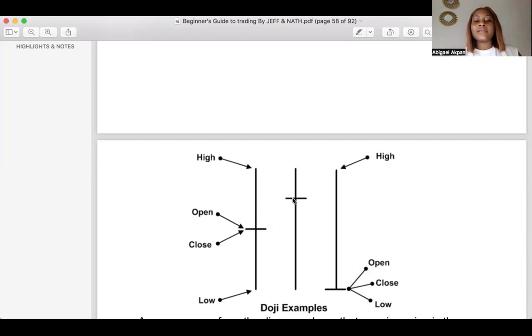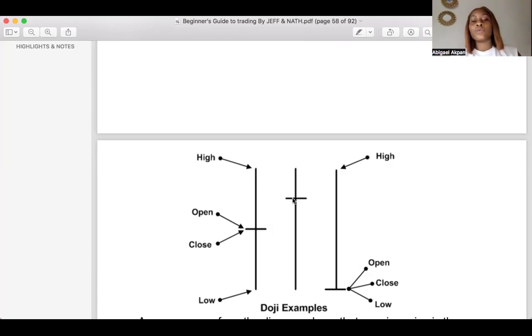So when you see this candlestick, it tells you to please hold on and wait for the next candlestick to come up. If it's a 1 hour candlestick, you wait for the next candlestick to close for you to know the direction of the market.